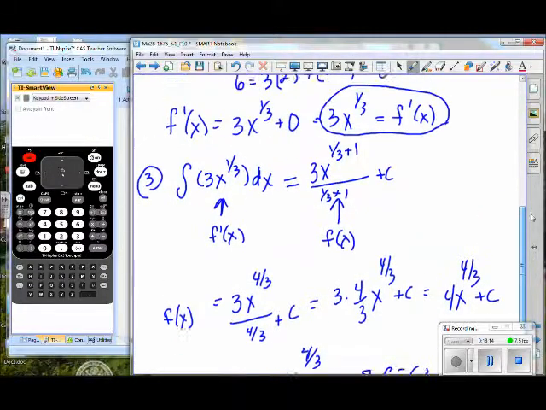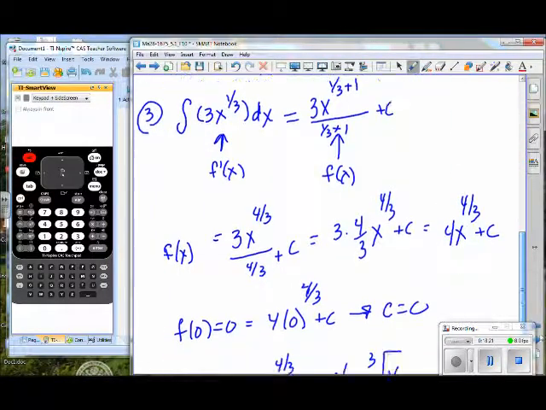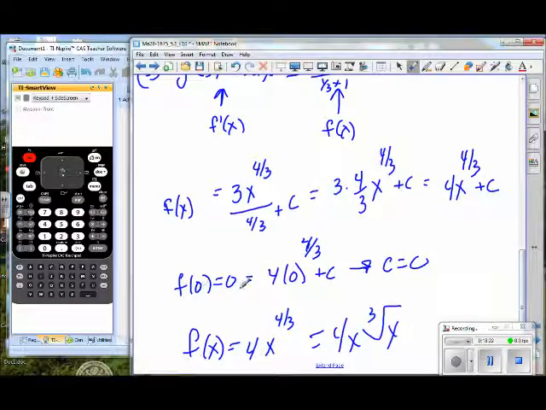But we are given some information again that states that when the input is 0, so is the output. So if the input is 0, the output is 0. So 4 times 0 to the 4/3 plus c tells us that c would have to be 0. 0 equals 0 plus c, c is equal to 0.